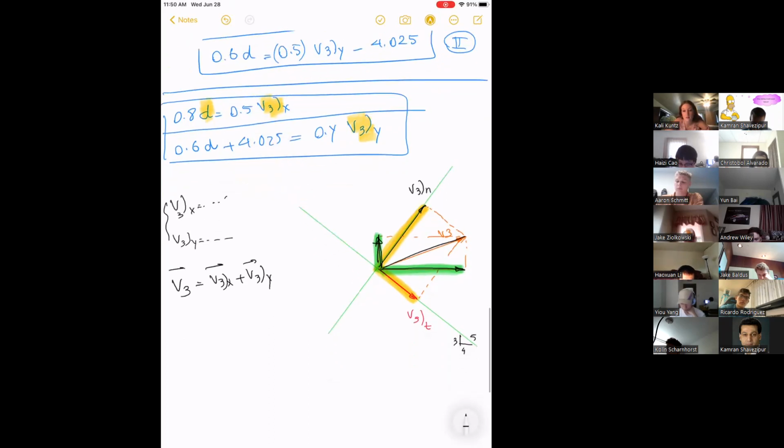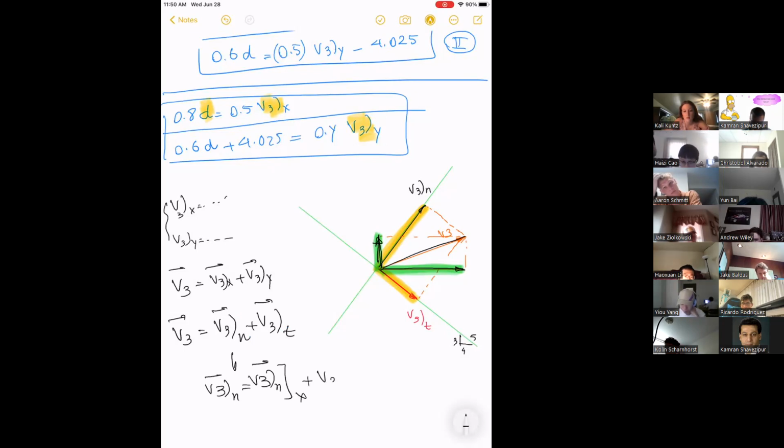Now, if I say V3 is also V3N plus V3T, these are also vectors, right? Now, if I write V3N as V3NX plus V3NY, can I do that?